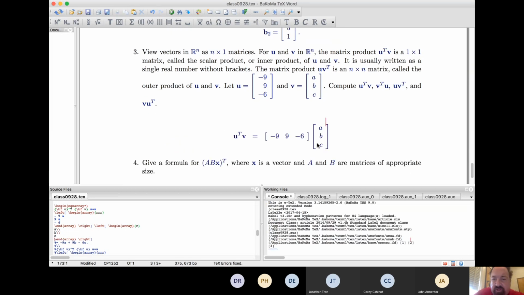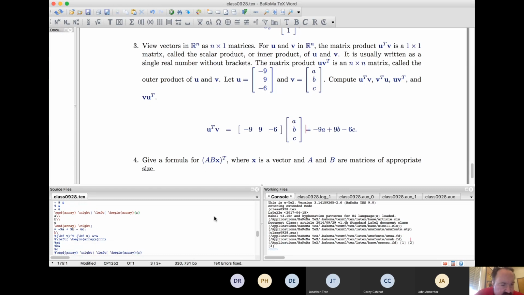To carry out the multiplication, you go across this one row, down this one column. And because there's only one of each, you're going to get only one number as the whole result. So I multiply corresponding entries and add them all up: minus 9a plus 9b minus 6c. So that's the result that you get for this inner product.